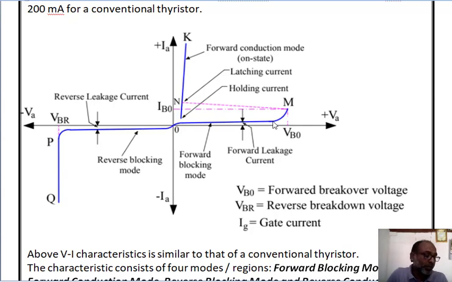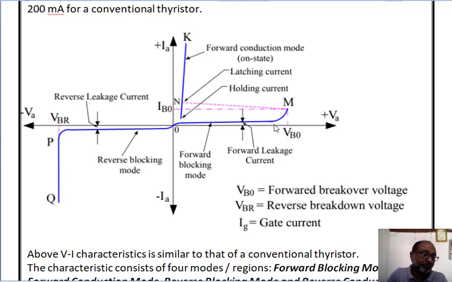Now, one point must be remembered: when negative voltage is applied to the gate of the GTO with respect to the cathode, the GTO is able to block forward voltage. So it is most important.